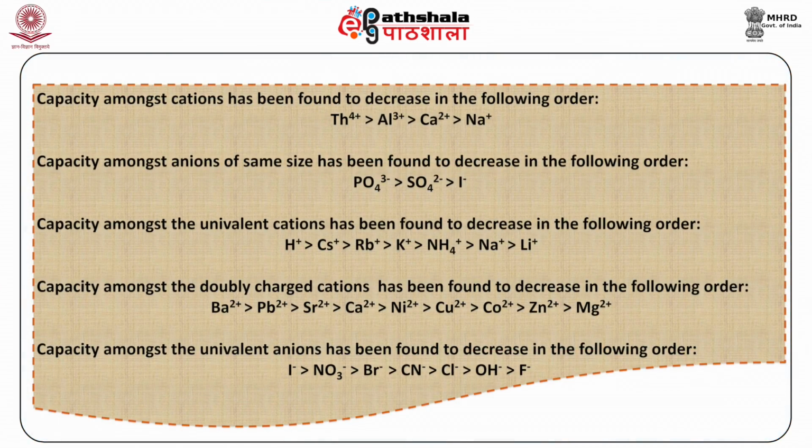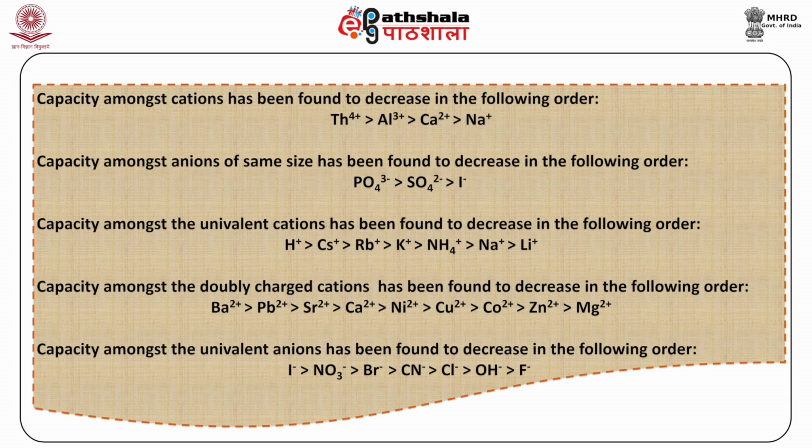According to this view, the capacity amongst cations has been found to decrease in the order thorium 4 plus is greater than aluminium 3 plus, followed by calcium and sodium ions. Similarly, the capacity among the anions of the same size has been found to decrease in the order of phosphate, sulfate and the iodide ions. If we compare the ions carrying the same charge, the size of the hydrated ions plays an important role to determine their capacity to undergo exchange reactions.